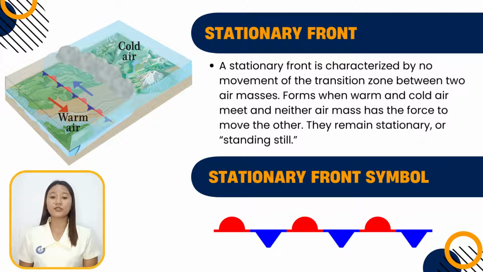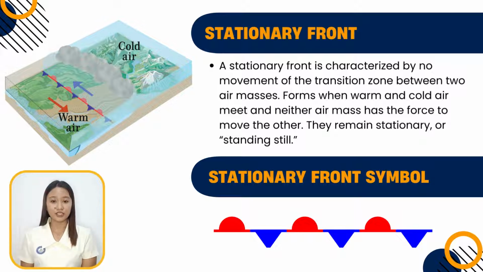Winds also play a vital role in fronts. In stationary fronts, winds blow parallel to the front rather than perpendicular, which can help it stay in place. A stationary front can remain motionless for days.